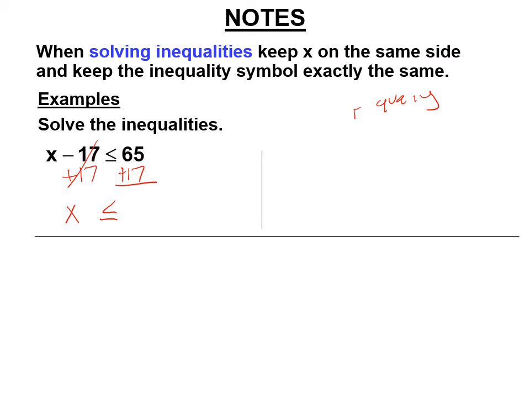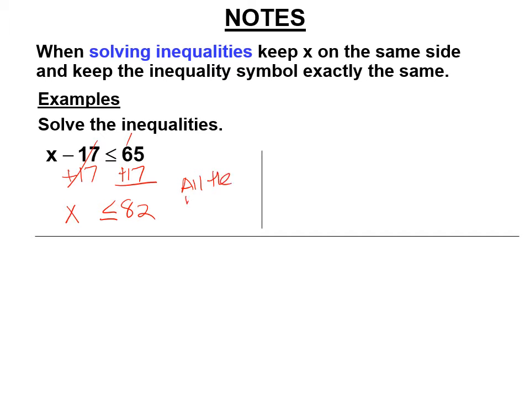Now, there's a glitch in the properties of equality for inequalities. We're going to get to that. But the properties of equality say you do things to both sides. So 12. And so what does that answer say? It says all the numbers that make that true are less than or equal to 82. And let's write that.